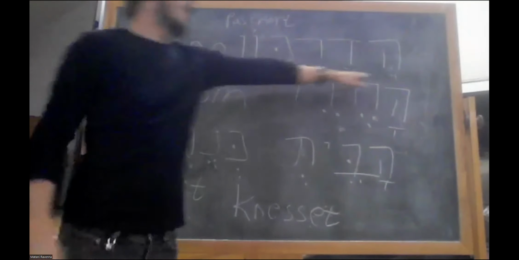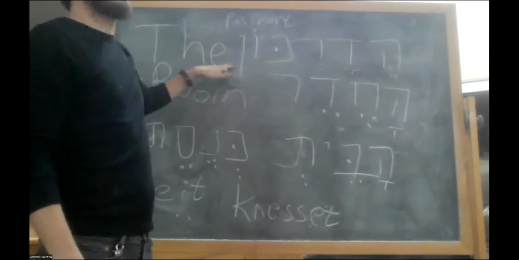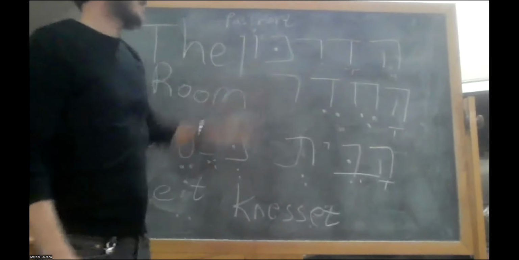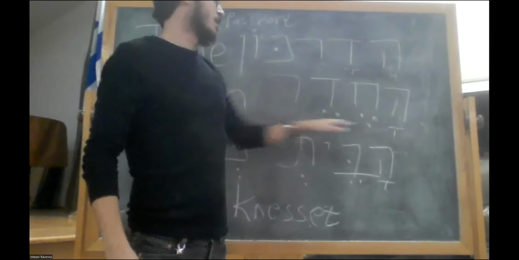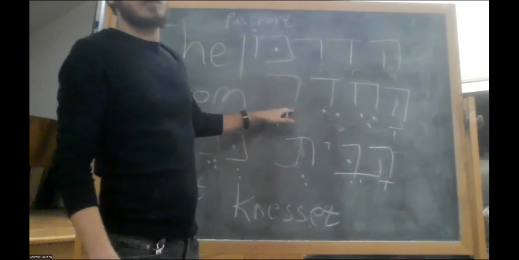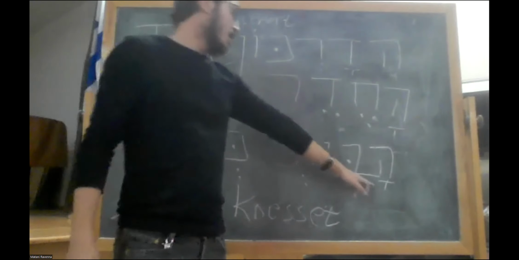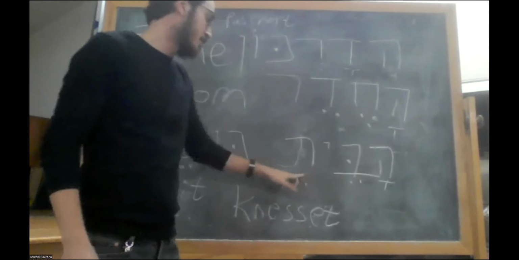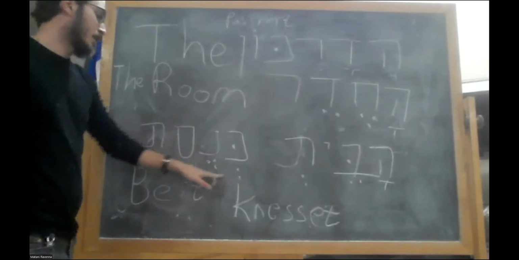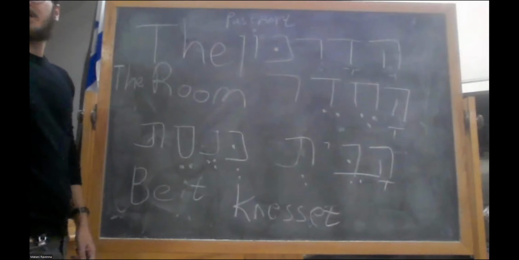Okay. Ha dalkon. Ha cheder. The room. The synagogue. Ha beit knesset. Make sense?